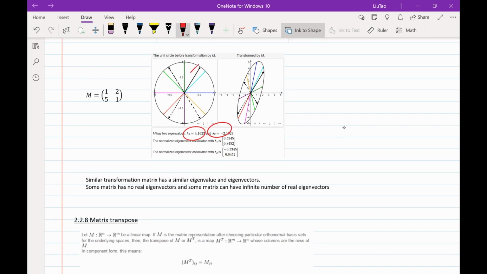In this graph, we see these two directions didn't change after the map, and lambda 1 is equal to 4.1623. So along the first eigenvector, it was stretched by 4.1623 times.